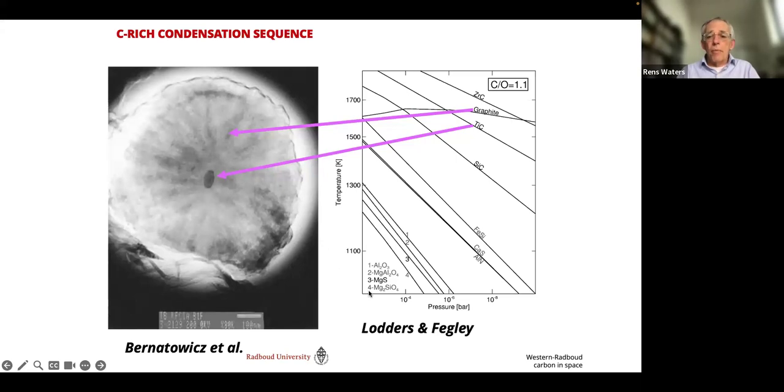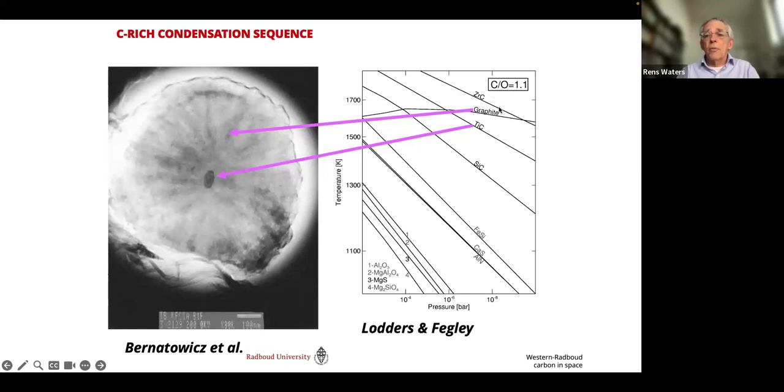And then if you think about where material can condense in chemical equilibrium, this is from Lodders and Fegley here. You see the pressure on the horizontal axis, 10 to the minus 4 to 10 to the minus 8. We go down in pressure here, and we have the temperatures here, and every line here is for a carbon to oxygen ratio of the gas mixture of 1.1.